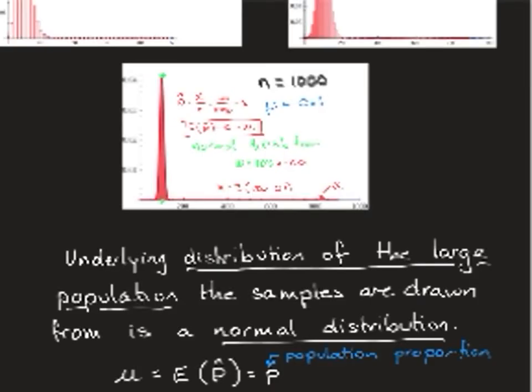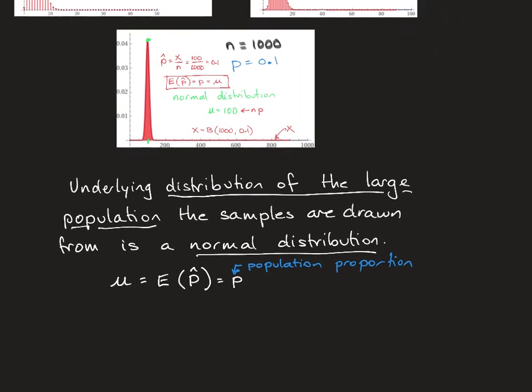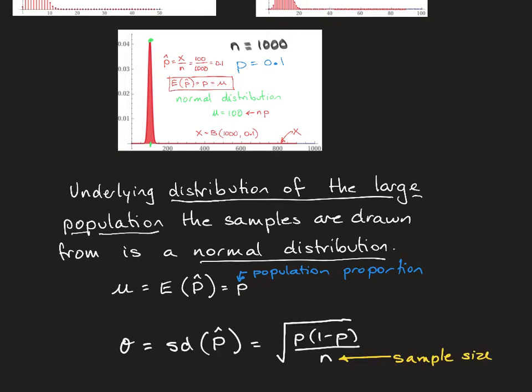And we also know that the standard deviation will also be related to our sample proportion for p hat, which has this formula here, where n is the sample size that we're using.